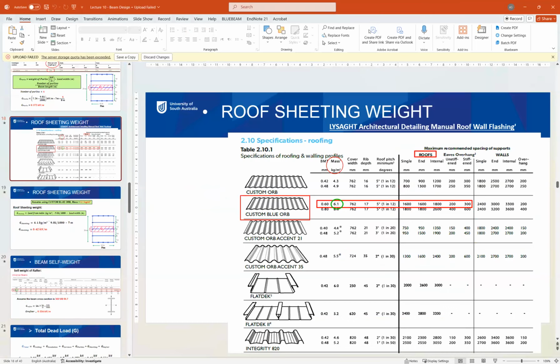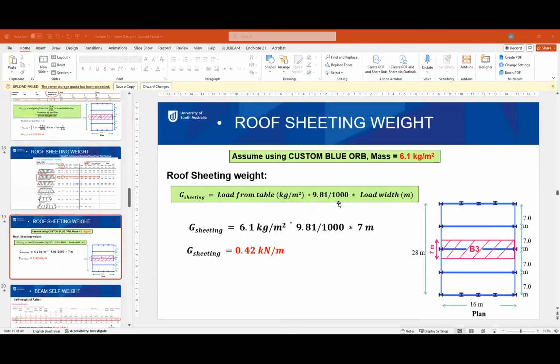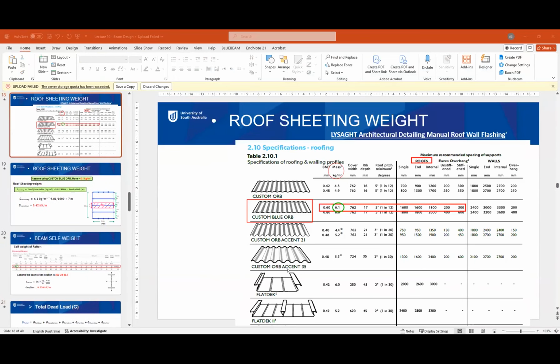If we go to this table here and select one roof sheeting, whatever roof sheeting you want to select from here, for example, custom ORB Ascent 35.